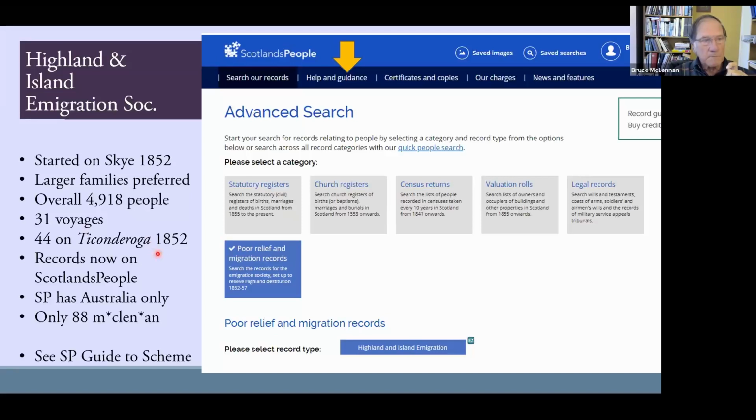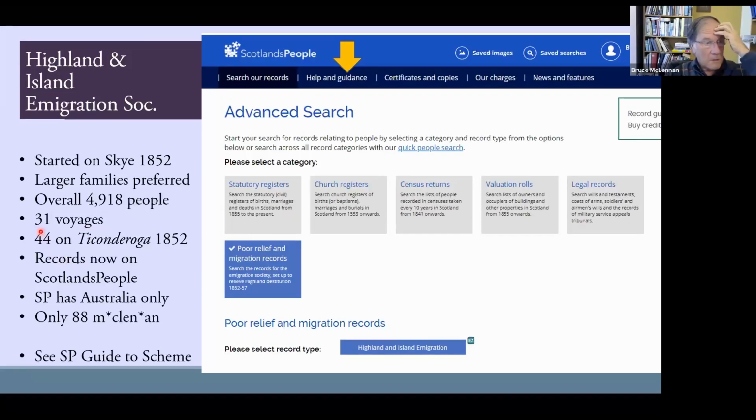But I understood that this society sponsored people to go to Canada, but if you look at the records on here, there don't seem to be any records of people going to Canada. They seem to be all going to Australia, on 31 voyages.